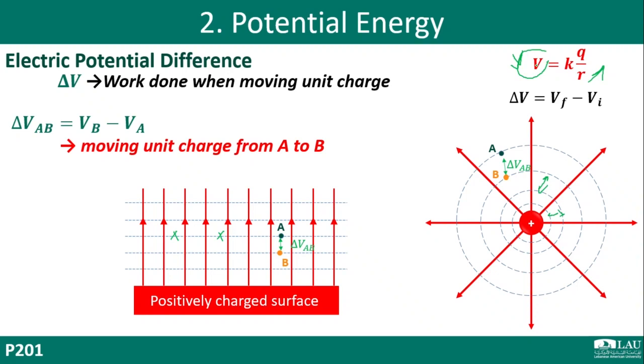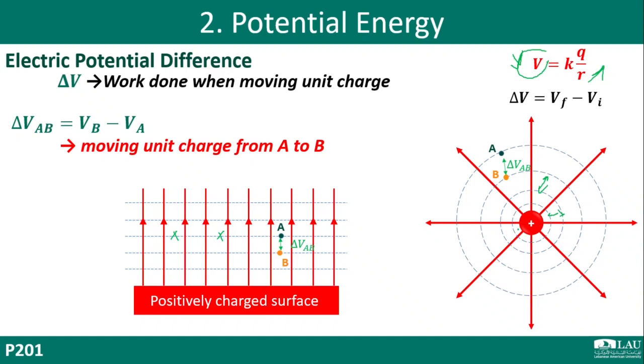The distance separating two consecutive lines is not the same as the potential decreases, because it's a positive charge, even though we have the same potential difference.